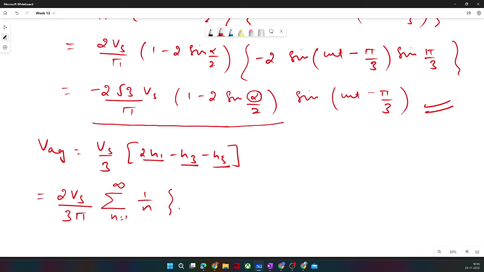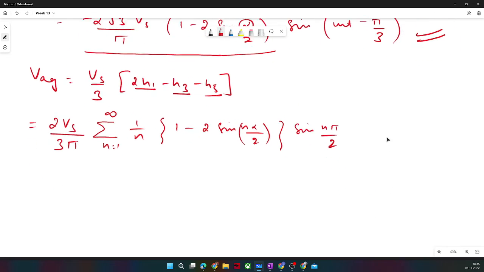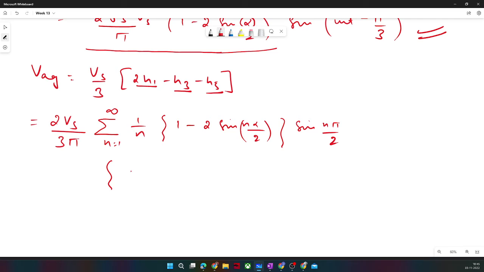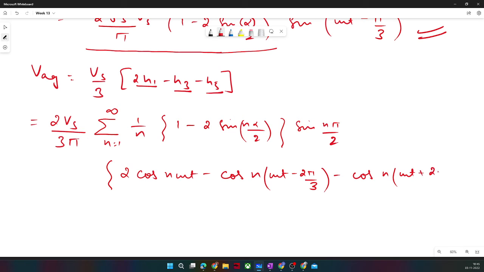1 by n, 1 minus 2 sine n alpha by 2, sine n pi by 2, 2 cos n omega t minus cos n omega t minus 2 pi by 3 minus cos n omega t plus 2 pi by 3.